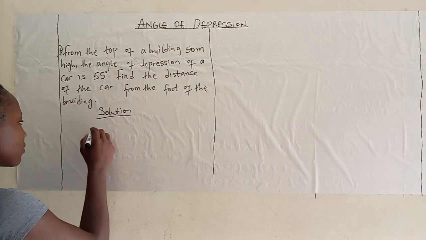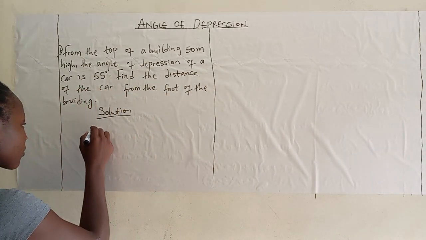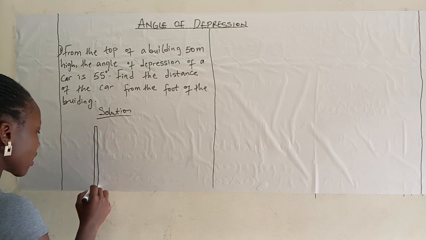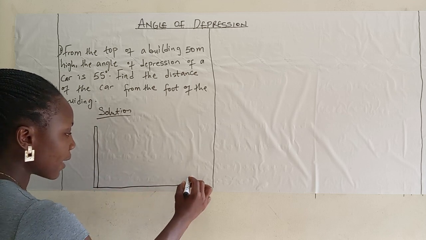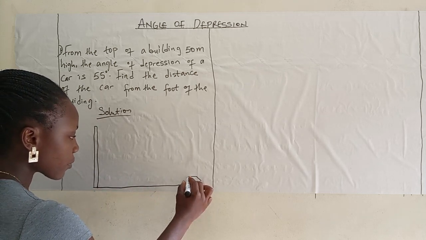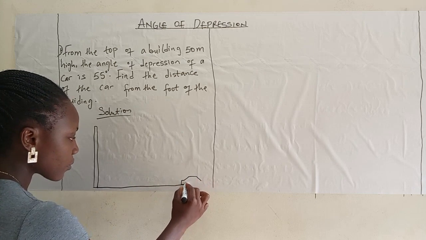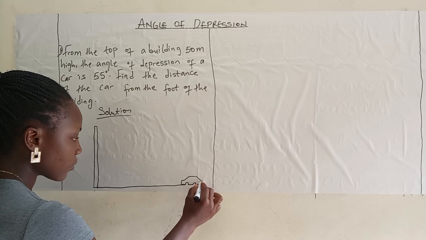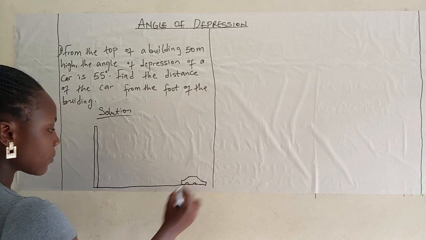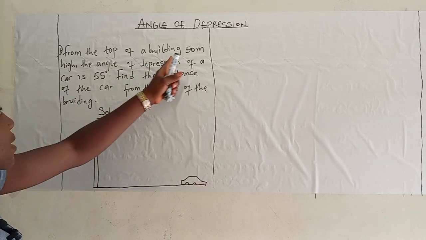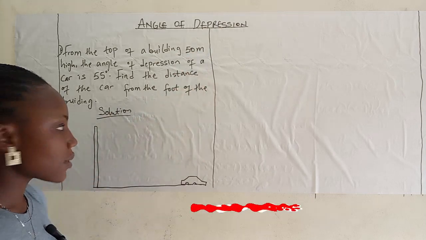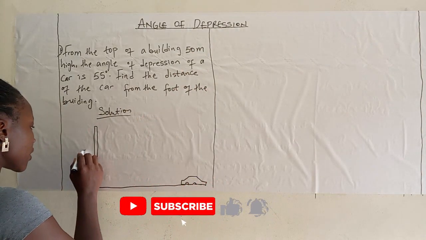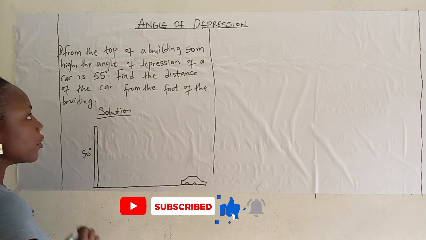This is a building. This is the foot of the building, and a car is here. We are told that the height of the building is 50 meters, so from here to here is 50 meters.